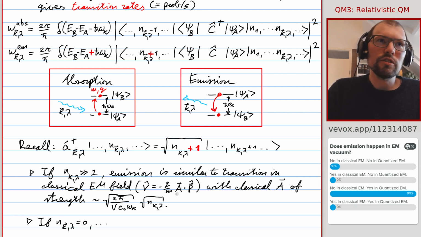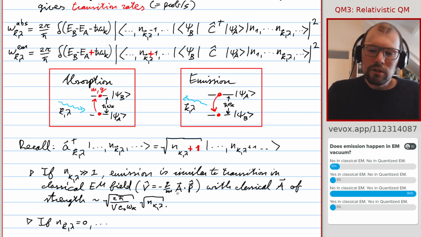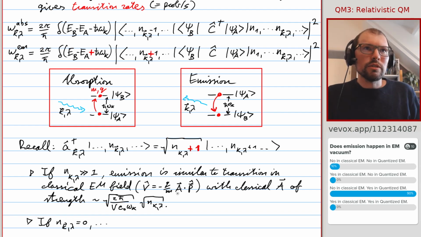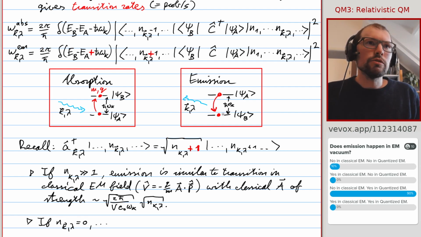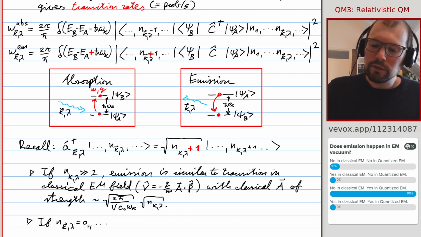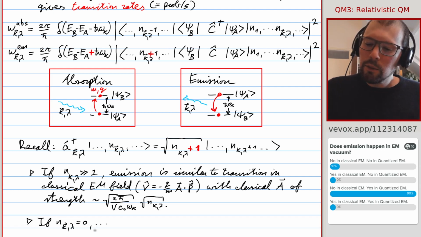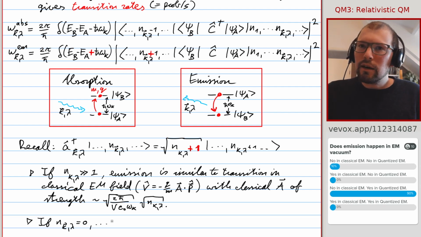But if the vector potential is exactly equal to 0, then you cannot have a transition because there is no perturbation. So you cannot have an emission or an electron jumping down to a lower energy level if there is no electromagnetic field, classically.